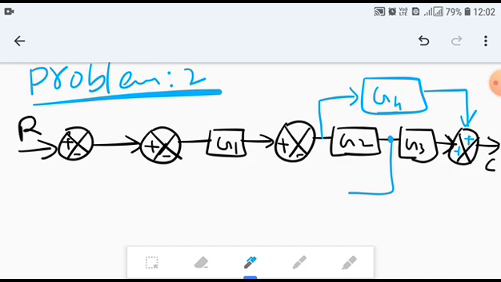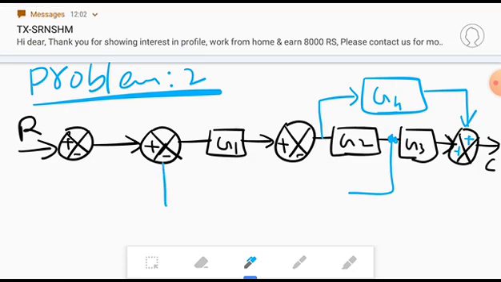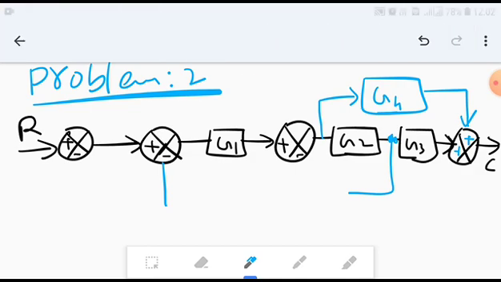We can call it a branch point or take off point. It is coming from output towards input, that you have to be careful, which is called feedback path.